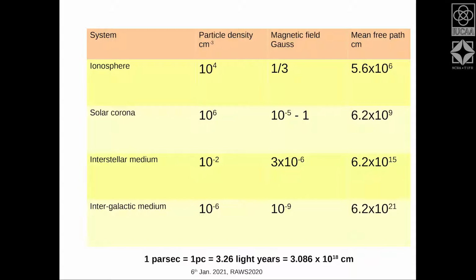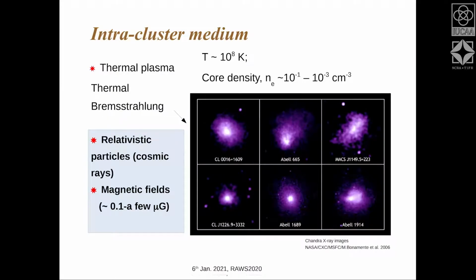That happens via phenomena which allow particles to exchange energy: direct collisions, or electromagnetic forces. Here you can see that these spaces are so sparse that making these changes happens on very long time scales. So this intracluster medium, although it is very thin, is still a very huge system.